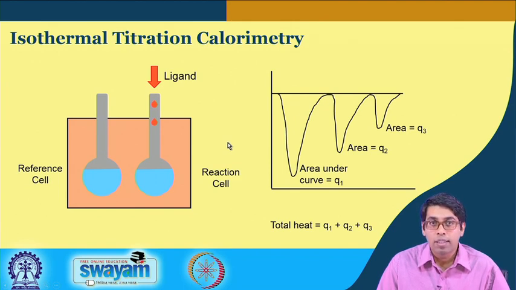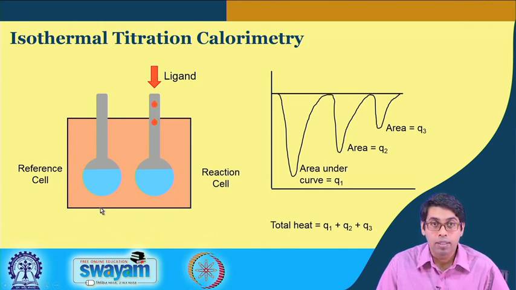So, the last technique that I will talk about today is called isothermal titration calorimetry. Again, this is another titration experiment, but here what we detect is the heat evolved when a protein and a ligand bind. This is a typical setup of this experiment where you have two reaction vessels inside an isothermal chamber. It means that the temperature of this chamber is kept constant.